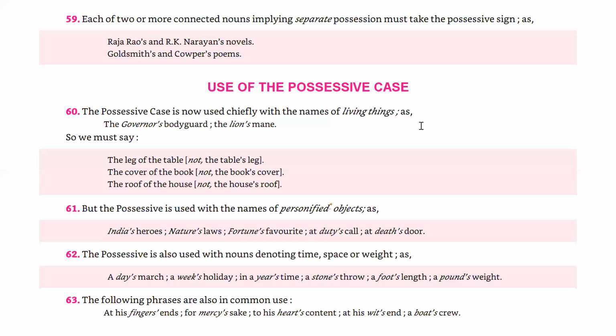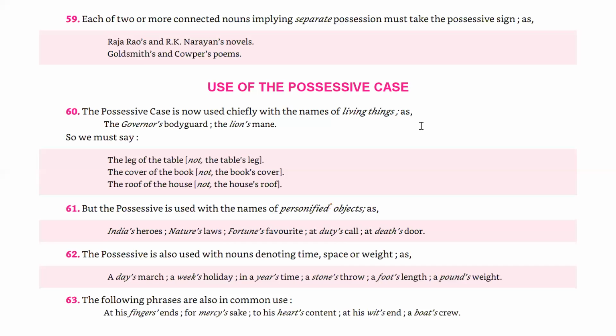But we are putting apostrophe s because we think that fortune is like a lady, a luck lady who picks up the favorite. At duty's call, at death's door. Duty's call means when duty calls, at death's door, at the door of death. So here the nouns are personified, objects are personified.